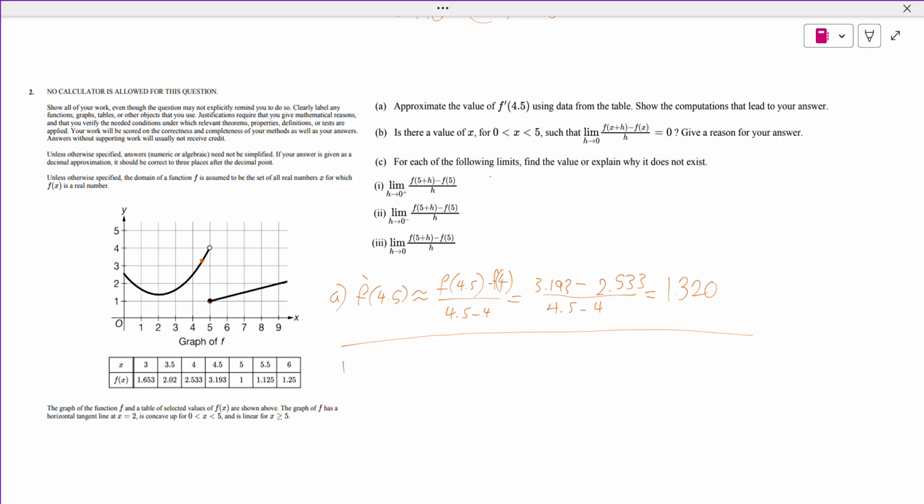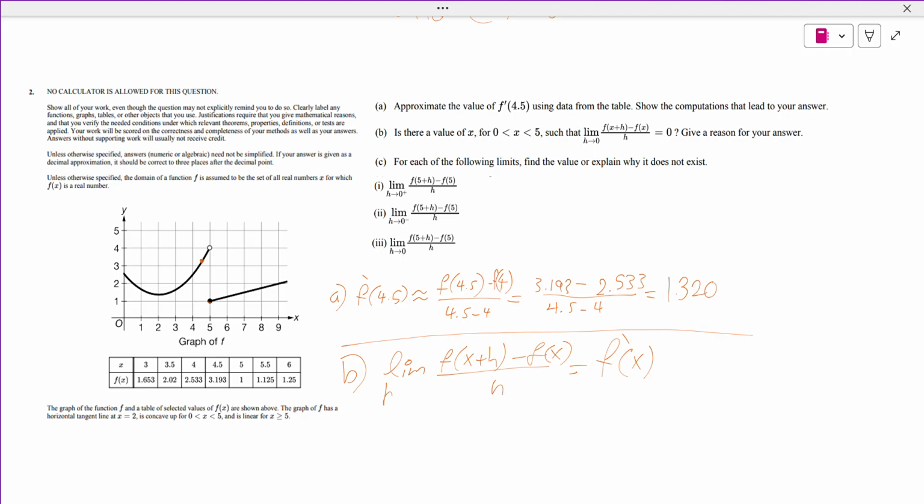So for part B, it says, is there a value of x for 0 to 5 such that the limit of f of x plus h minus f of x all over h equals 0? Well, this limit is the same as f prime of x, because this is the limit definition of the derivative.